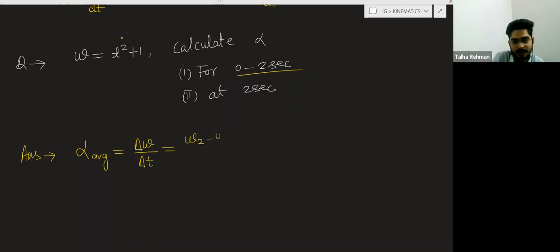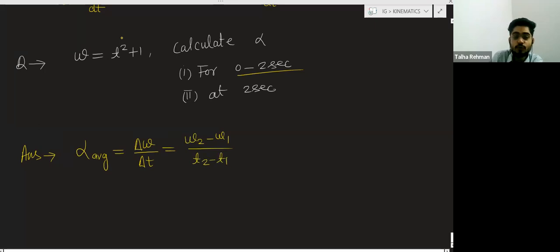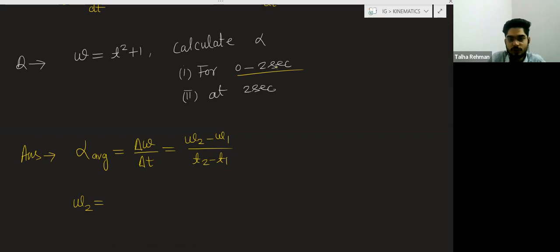Omega 2 minus omega 1, and here you write t2 minus t1. Omega 2 means the value of omega at t equal to 2 seconds; this is your t2, and this is your t1. Omega 2 is 2 square plus 1, which becomes 5 radian per second. Omega 1 is 0 square plus 1, which is 1 radian per second.